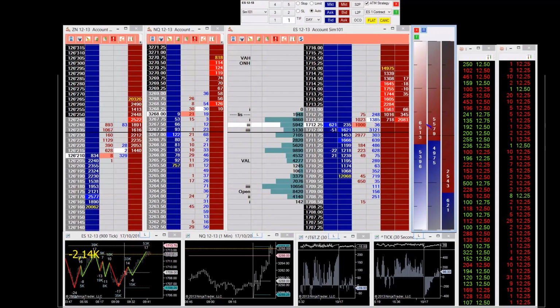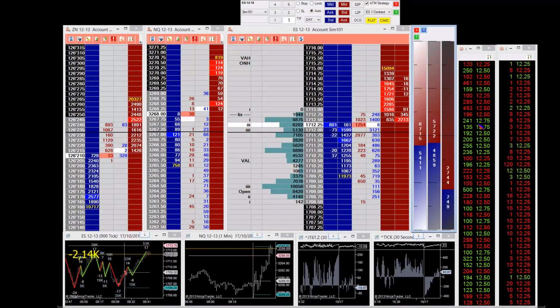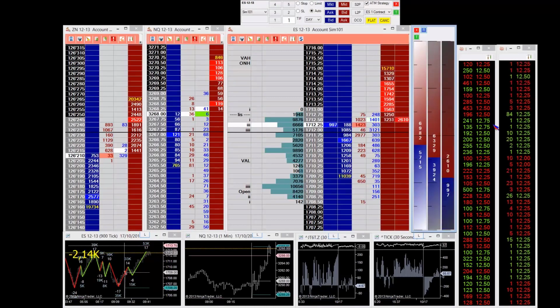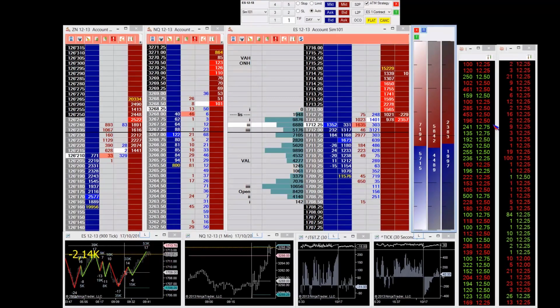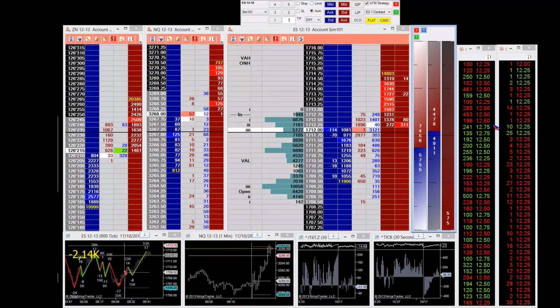Then we move further to the right, and we can see we've got 2 time and sales. First of all, let me comment on the price. You can see a price on those time and sales: the price is 12.25 and I got 100 contracts.